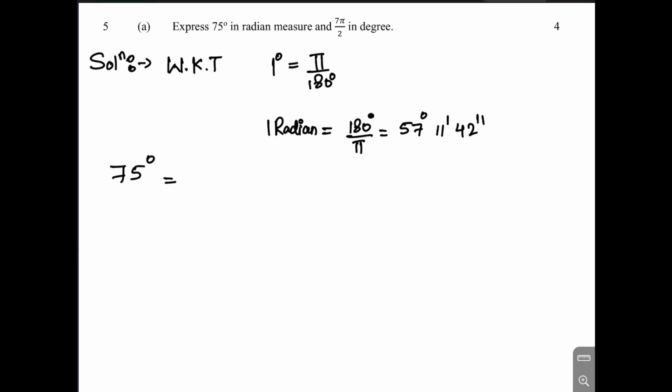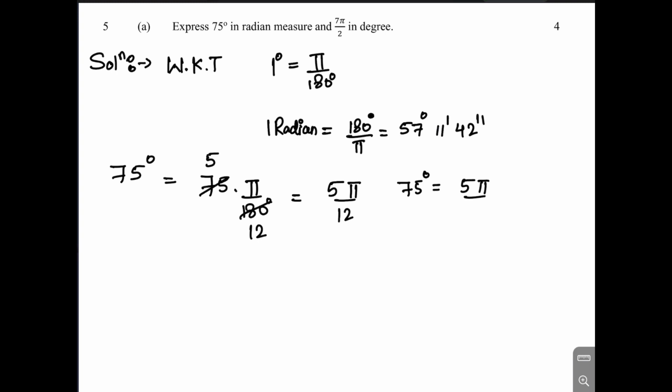So 75 into pi by 180. Here we can simplify further. 15 5s are 75, 15 12s are 180, which gives 5 pi by 12. So we can say 75 degree equals 5 pi by 12 in radian.